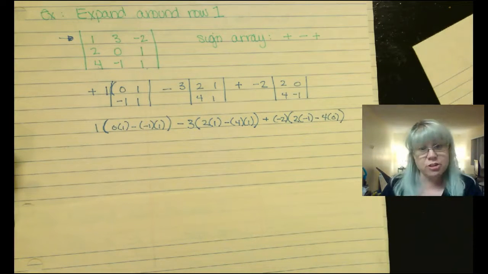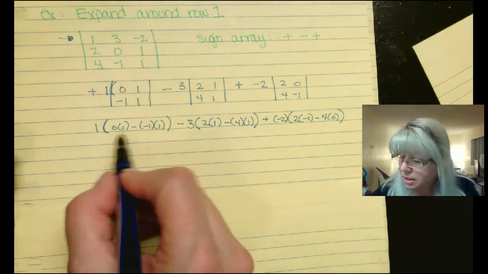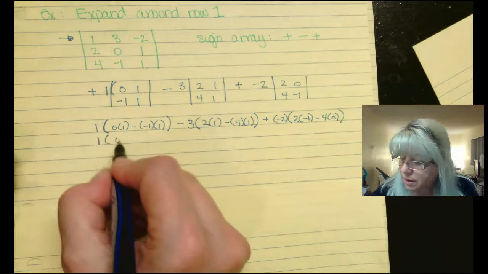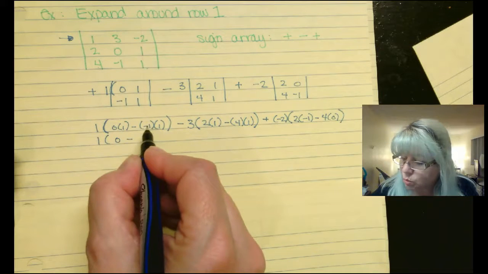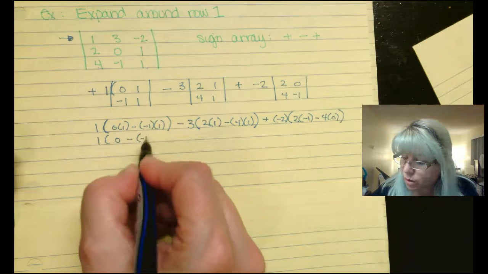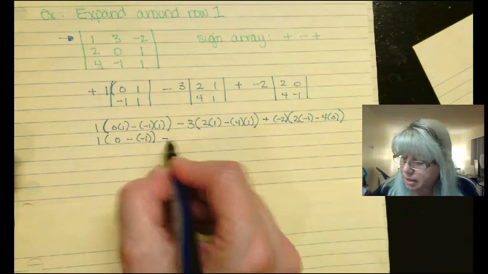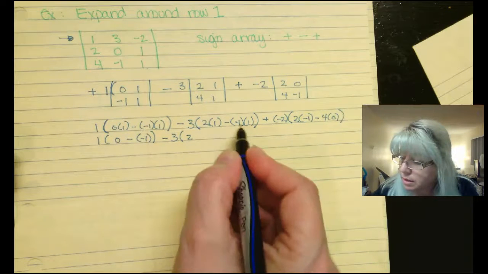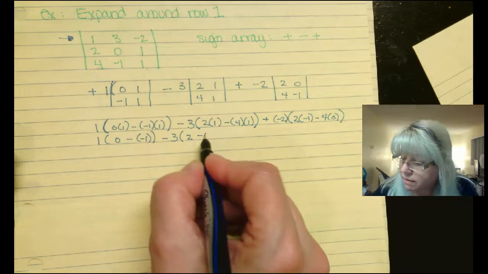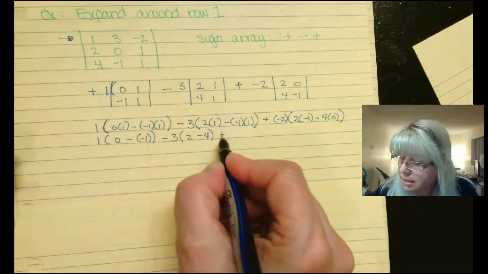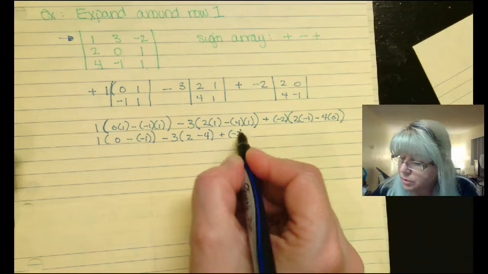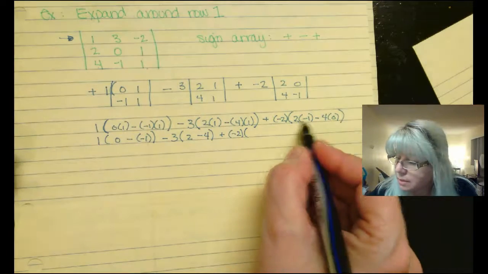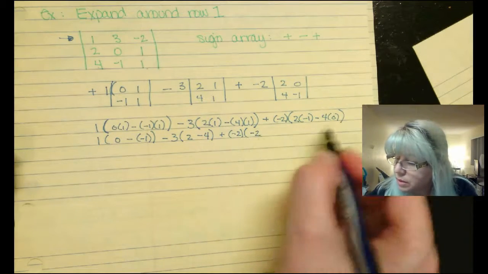Let's do what's inside each of the parentheses first. 0 times 1 is 0. Minus negative 1 times 1 is negative 1. Minus 3 times 2 times 1 is 2. 4 times 1 is 4. Plus negative 2. 2 times negative 1 is negative 2.